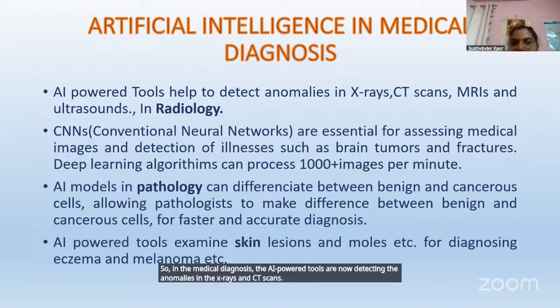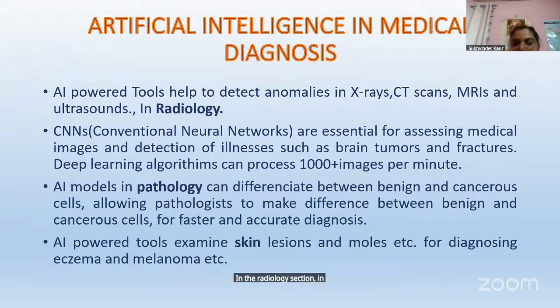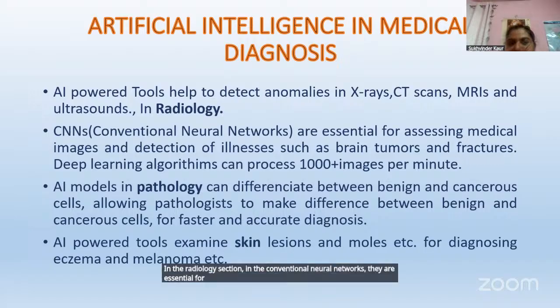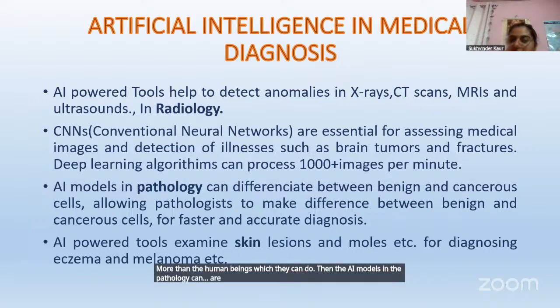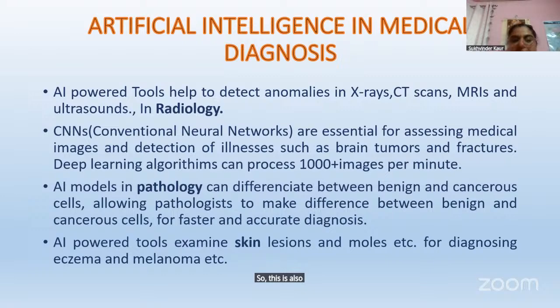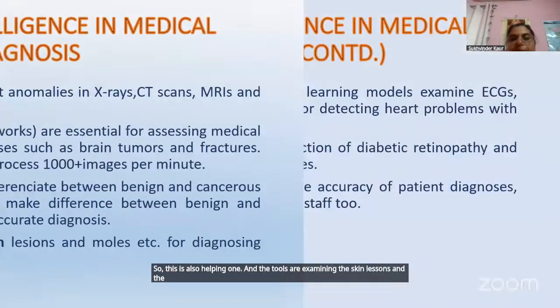In radiology, convolutional neural networks are essential for imaging and detection of illnesses like brain tumors, and deep learning algorithms are processing about 1,000 images per minute, far more than human beings can. AI models in pathology are differentiating between benign and cancerous cells, and the tools are also examining skin lesions and moles.